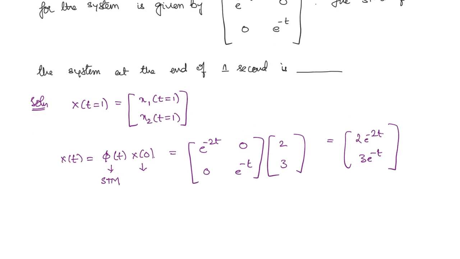Now you just need to substitute t equal to 1 here. So 2 e to the power minus 2 into 1 gives 0.271. Similarly, substituting t equal to 1 in the second gives 1.104. So this is the required solution.